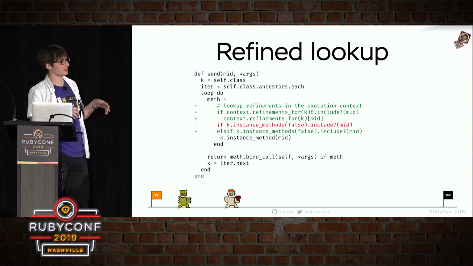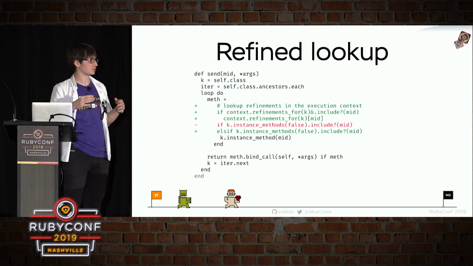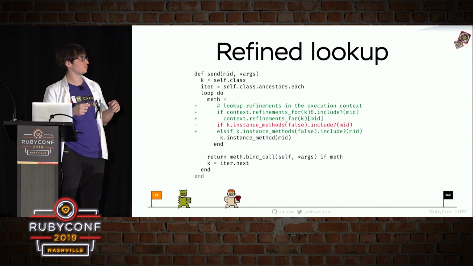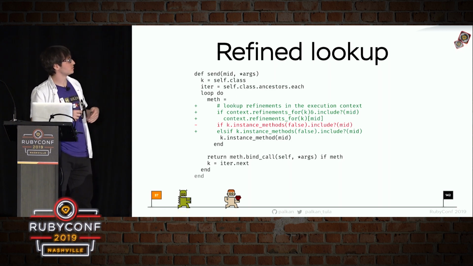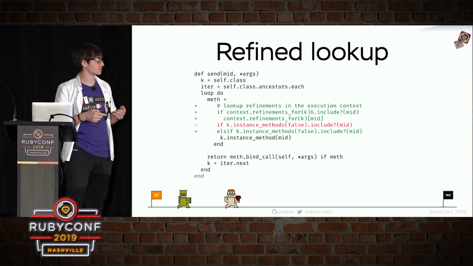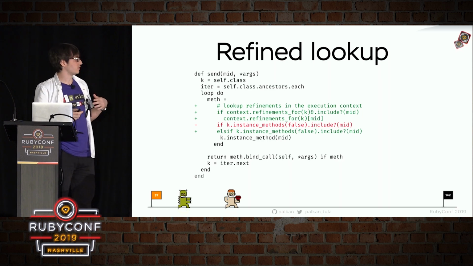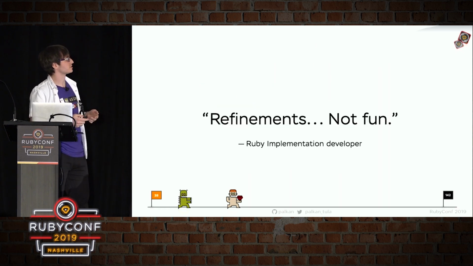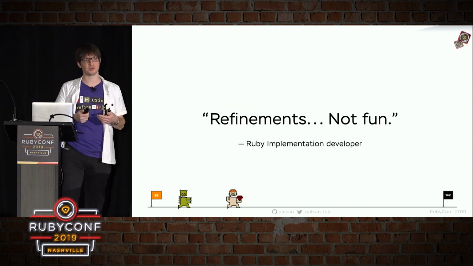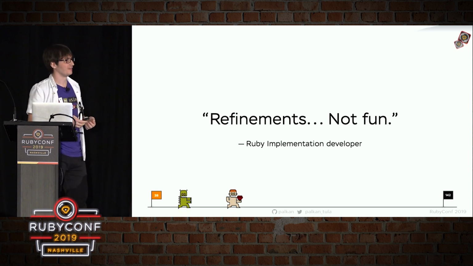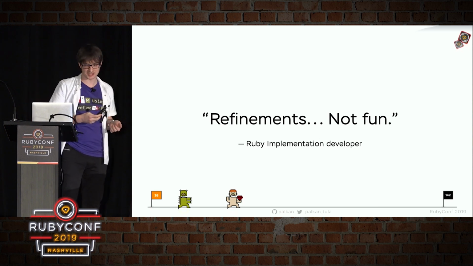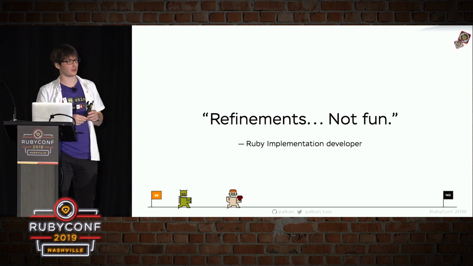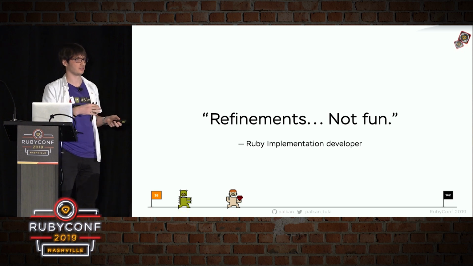Luckily, Ruby already tracked the execution context for every method call to simplify things, and we didn't have to change the way the interpreter works, but we drastically changed the way method lookup works. From the MRI perspective, that's okay because MRI is the first implementation which added this, but other implementations like JRuby and TruffleRuby kind of hate refinements because they're really hard to implement without losing the optimizations they have in the JVM, for example.